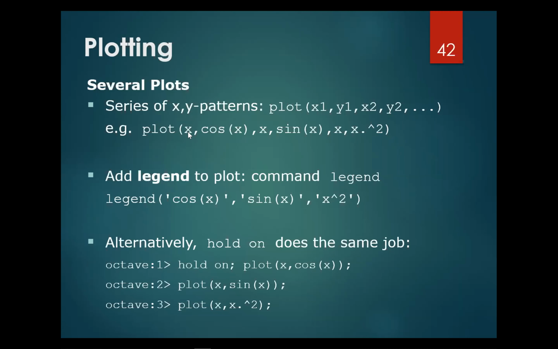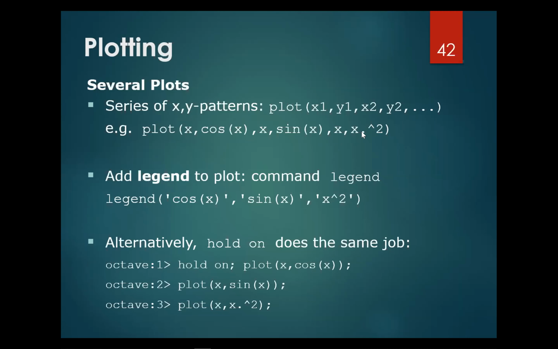So this is x and then cos x, meaning we are putting the vector values of this x into this cos to generate the y component. The same x we are putting in the sine to generate, and the same x, which is here, we are squaring them. And remember, here you use x dot caret 2.